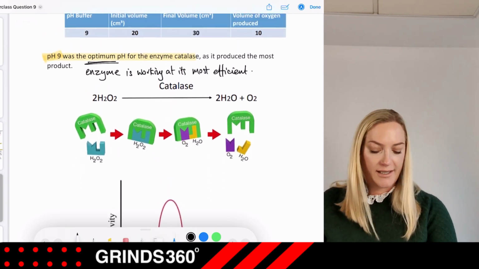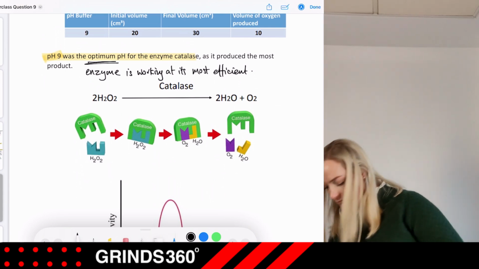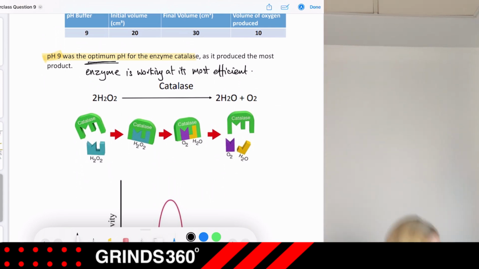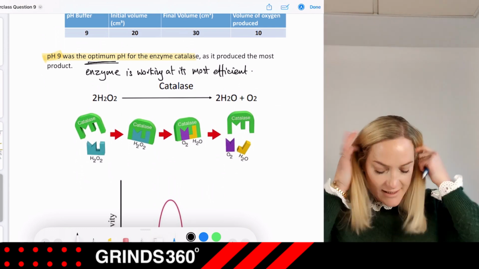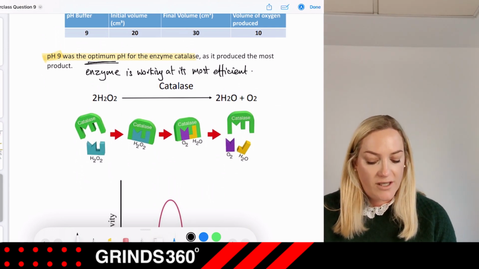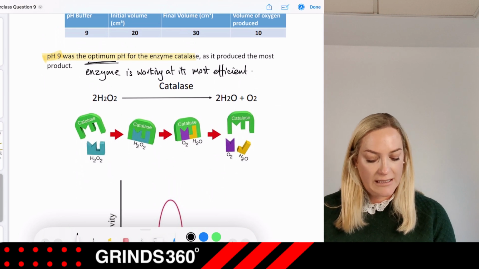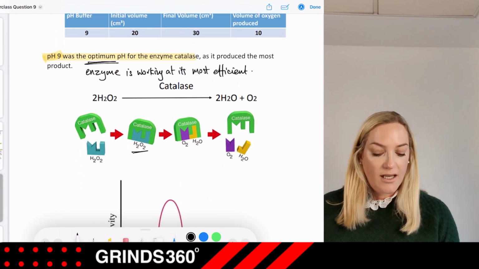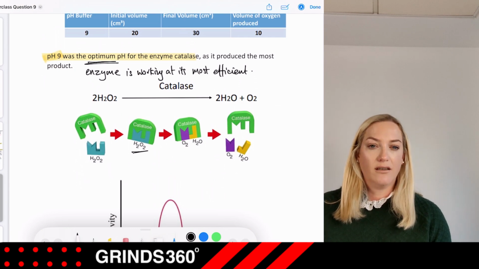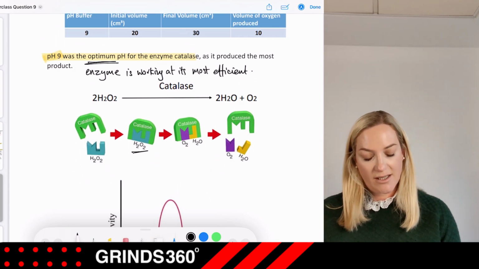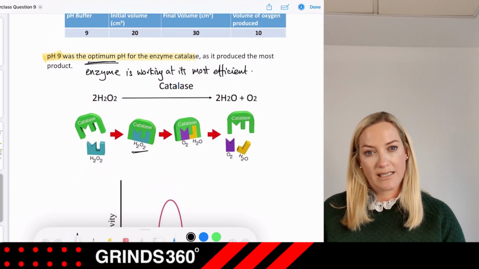This little diagram here is just showing you our enzyme, catalase. Our substrate is going to join up with your enzyme catalase to become your enzyme substrate complex. This is where the active site of the enzyme has slightly altered its shape to accommodate the substrate and is forming a product at as fast a rate as possible.